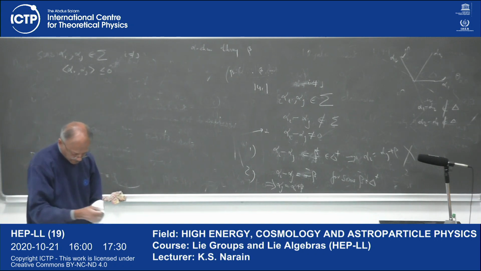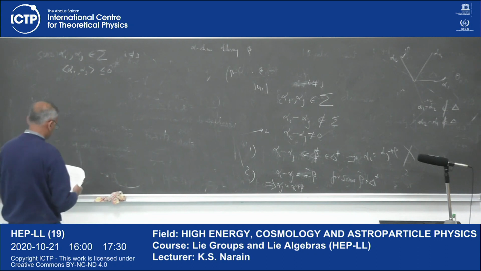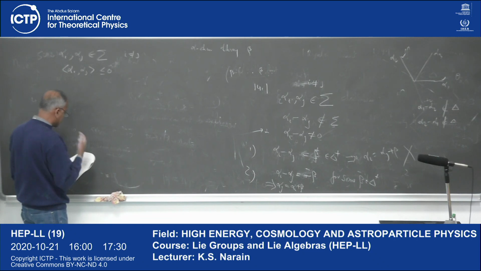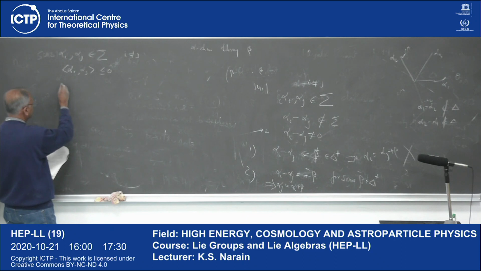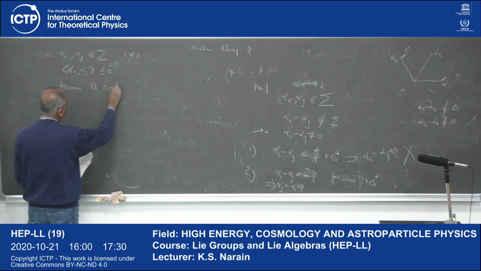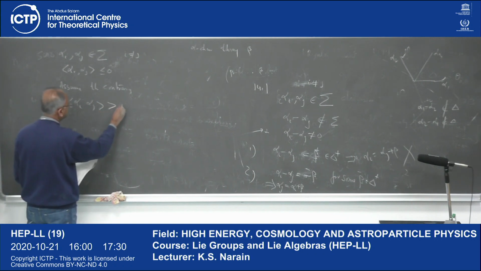And the statement is proven by contradiction: assume the opposite, that is, alpha I, alpha j is strictly greater than 0.